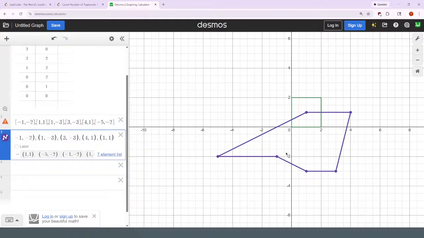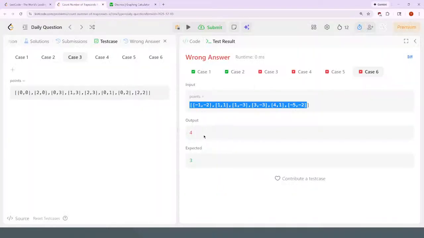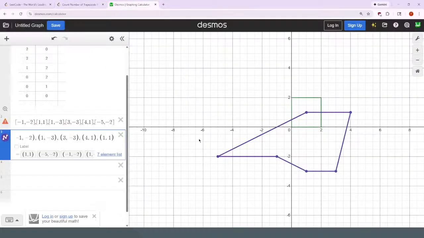So, how many trapezoids? So this should be no trapezoids out here. So I said 4, but it should be 3. Okay, yeah, there's a parallelogram there.